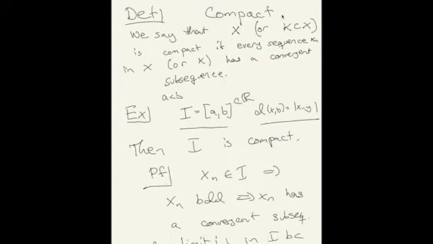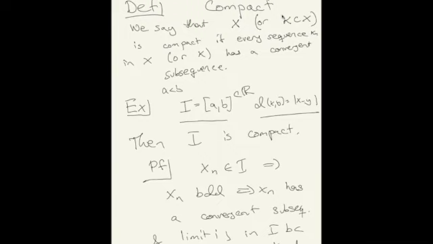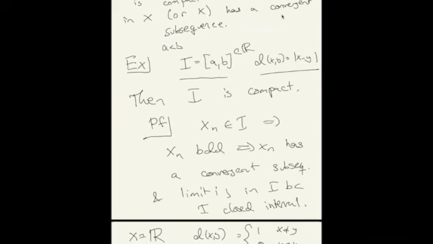Okay, so let's use this again, and the idea here mainly is that we will reduce properties to 131A. So if we take a bounded interval [a,b], then [a,b] is compact. And the reason for this is that if you take a sequence of points in I, well, it's points in [a,b], so xn is bounded.